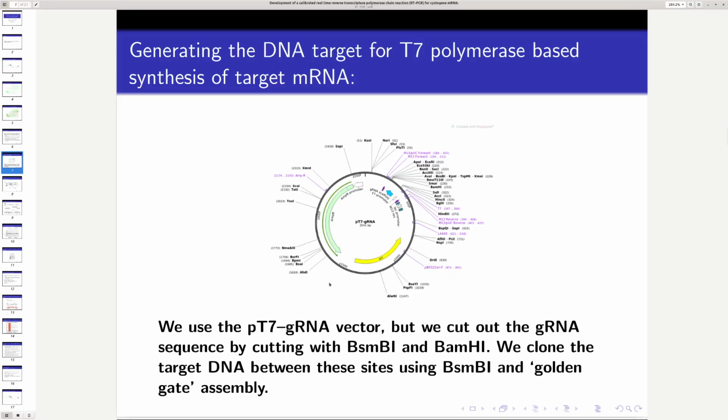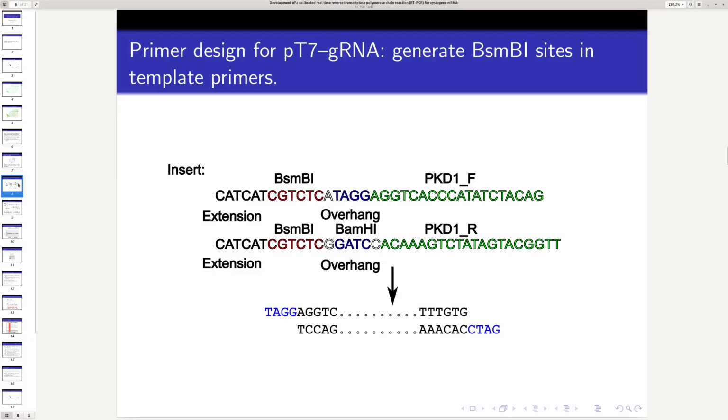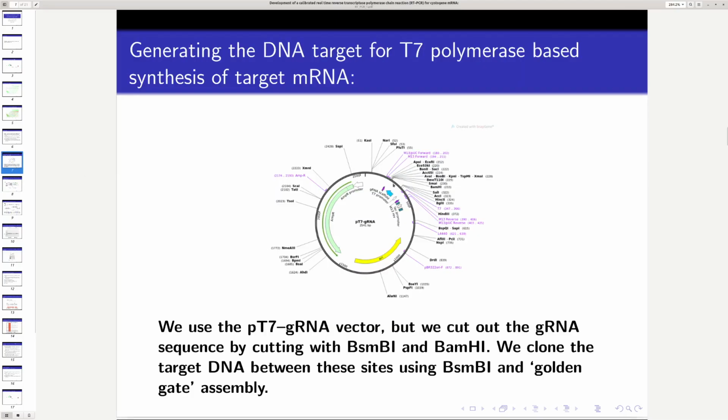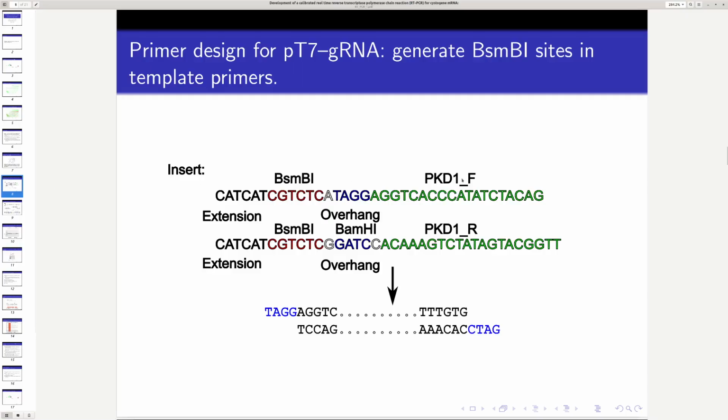So the idea is to cut between the BsmBI site and the BamHI site and clone in your favorite gene. Okay, so it runs downstream of this T7 promoter. So this is what we did. This is Pkhd1 again, and then this is how we made the insert.